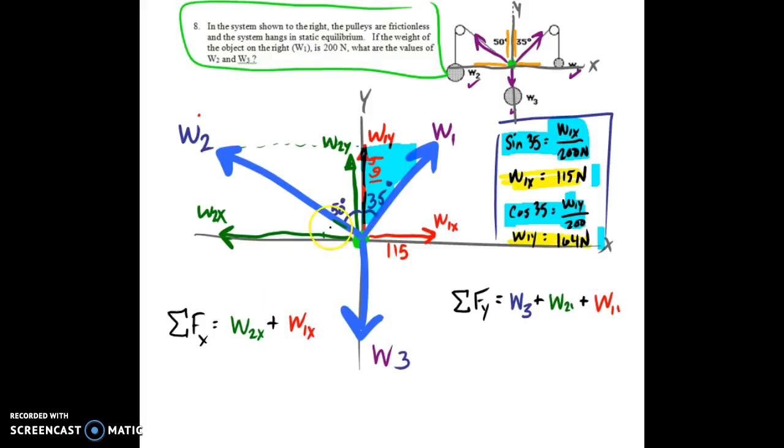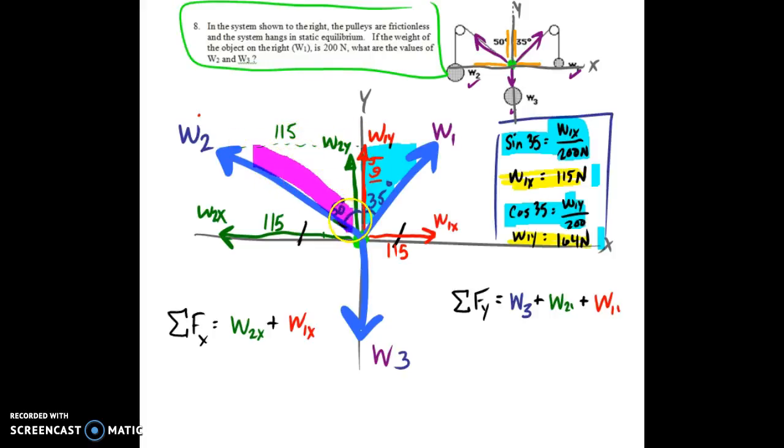Now I'd like to get the components for W2, which are green. Even though it doesn't look it the way I've drawn it here, these are the only components on the x-axis, so they must be equal in magnitude. So W2x is 115, which means that the side of the triangle up here is 115.